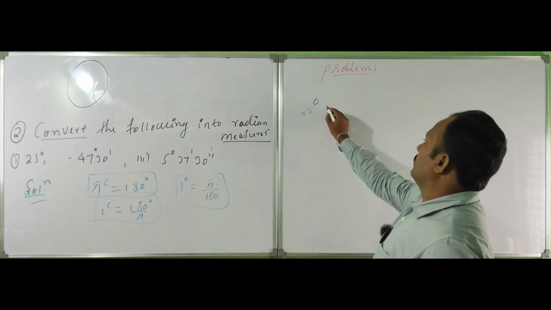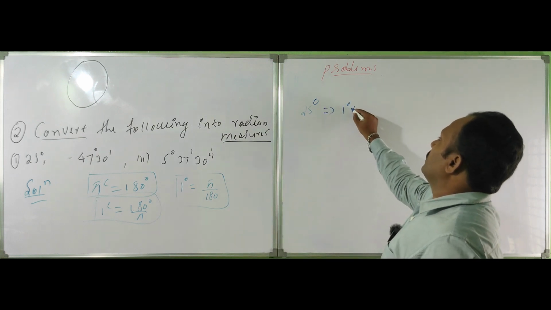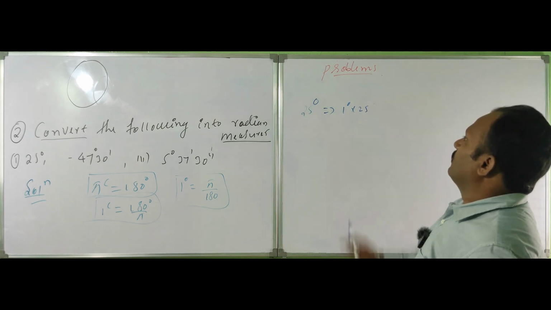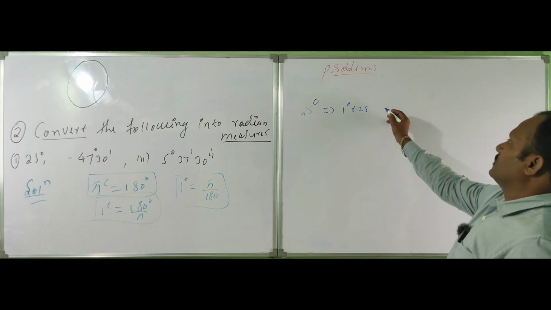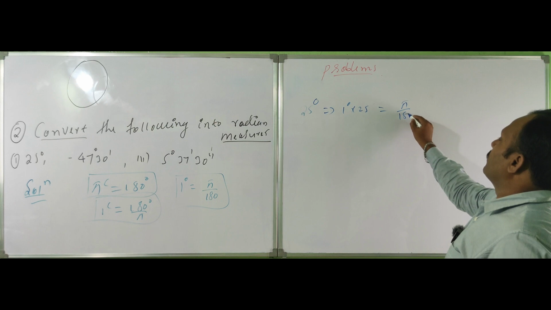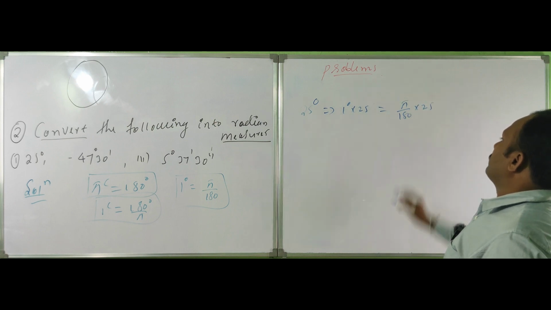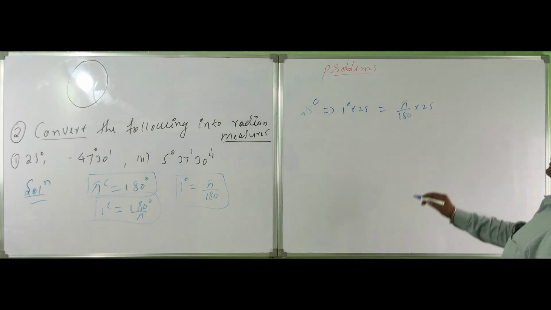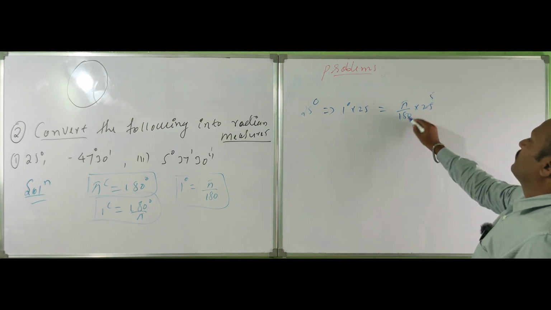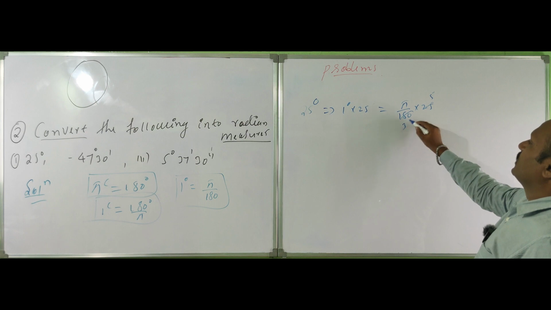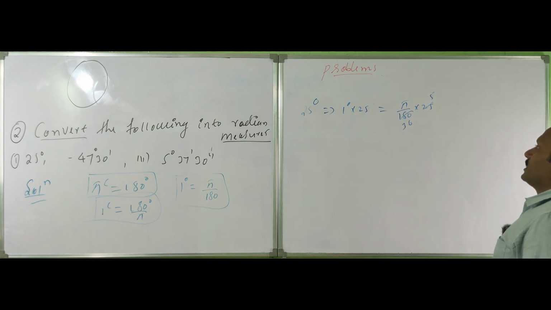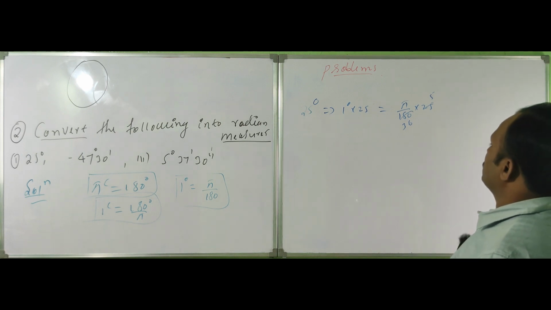So 1 degree into 25 degree: 25 degree is equal to pi by 180 into 25.